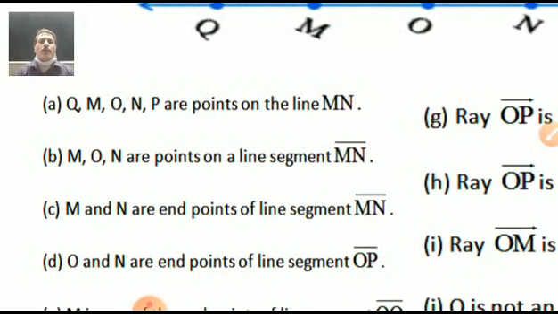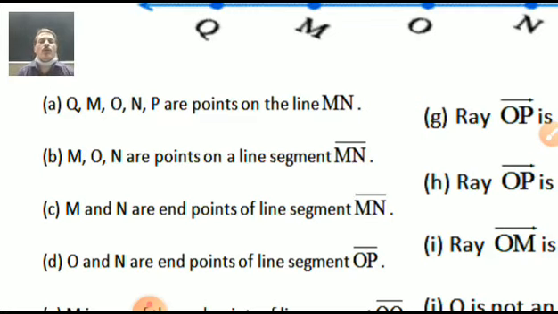Points Q, M, O, and P are points on the line MN. B. M, O, N are points on a line segment MN. C. M and N are endpoints of line segment MN.